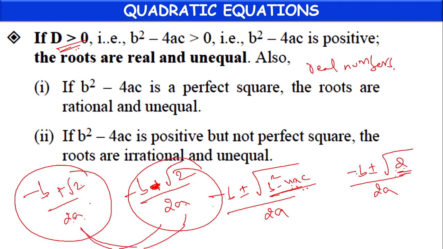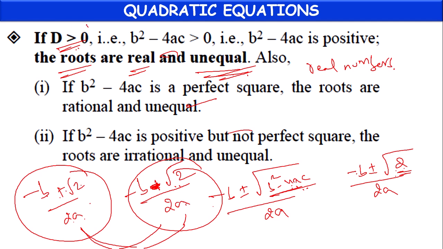No, because in one root we have plus root 2, and in the other we have minus root 2. So they are unequal. The two roots are different from each other.